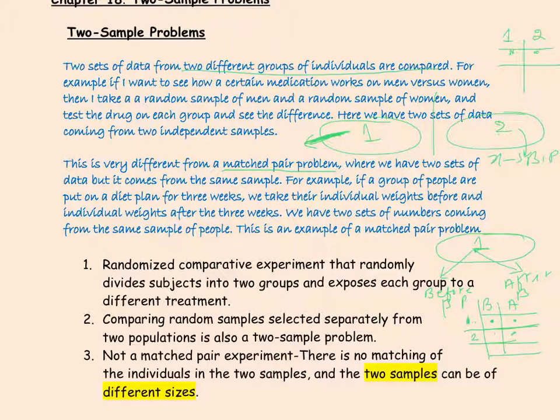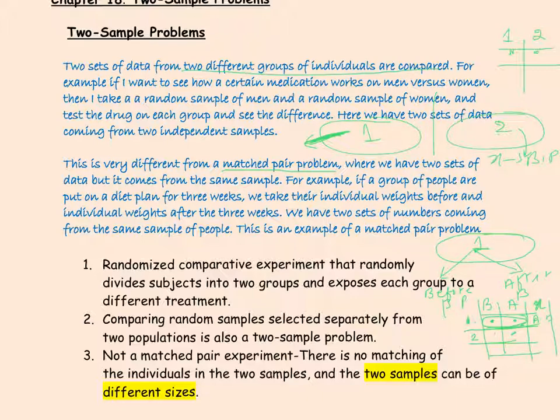In the case of a matched pair problem, if you remember, we created a new variable, x. We took the difference between the two measurements, a and b, for example. So we did either a minus b or b minus a.